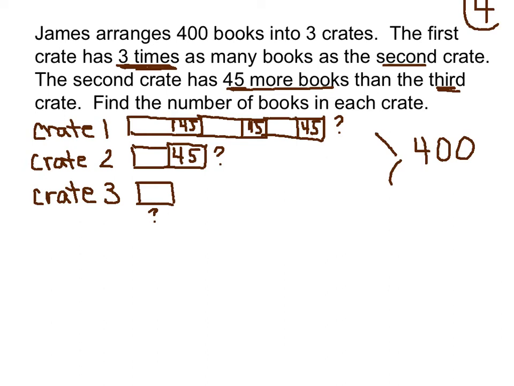Well, when I look at the drawing, I see that I have 1, 2, 3, 4, 5 equal parts. And if I could get rid of those 45s, I could have only equal parts and use division to solve. So I've got to take away those 45s from my 400. In order to do that, I would have to find out what is 4 groups of 45.